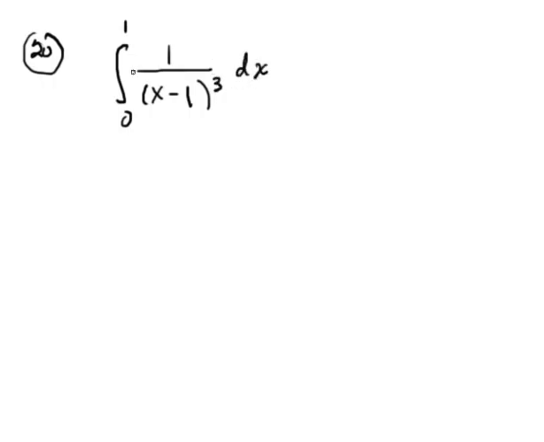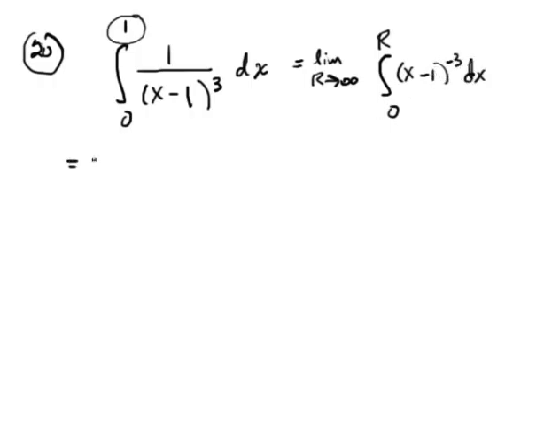Okay, another vertical asymptote. Here we go. Here's the problem point. 1 makes this denominator 0. So let's proceed in the same way we did before. And we'll integrate.